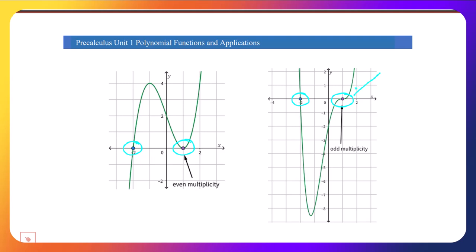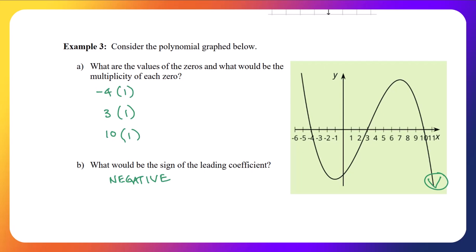I know this looks like it touches, but it also goes through, so we say it crosses from positive to negative or negative to positive. So I hope you can see here that the -4 appears once, the 3 appears once, and the 10 appears once. They want the value of the zeros and the multiplicity.